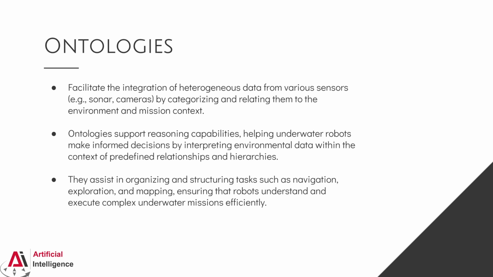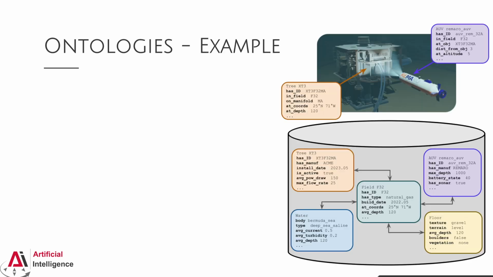Now, these ontologies help support reasoning capabilities, and they help robots make informed decisions because of their contextual nature, based on the missions they are trying to achieve. And in a nutshell, they help organize and structure tasks such as navigation, exploration, and mapping, ensuring that robots understand and execute complex underwater missions efficiently.